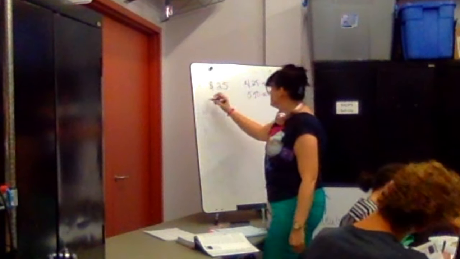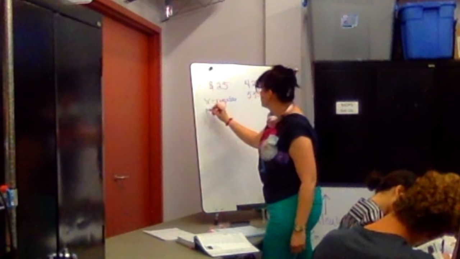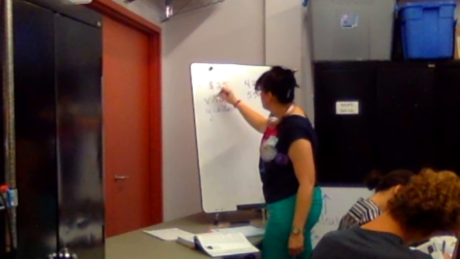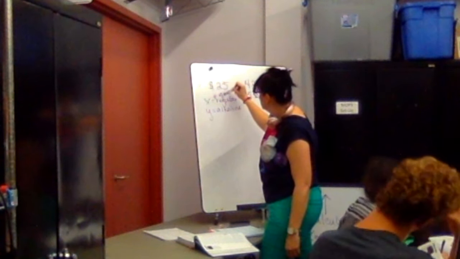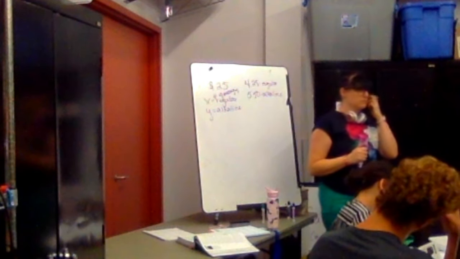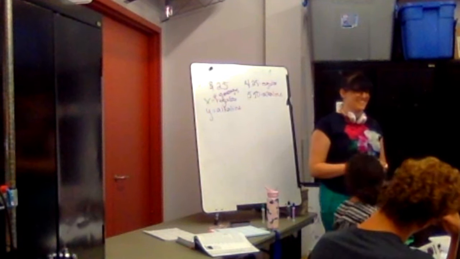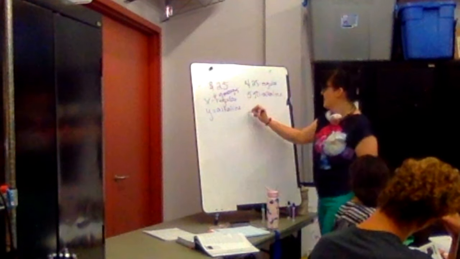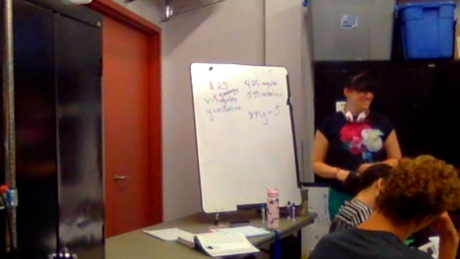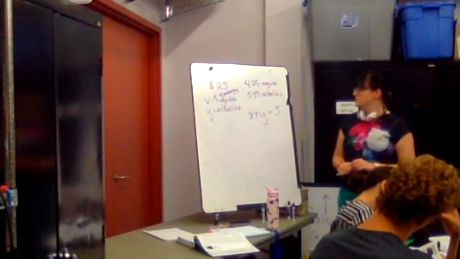Well, let's make X our regular and Y our alkaline. And this is number of packages. So what is X plus Y? How many packages are we buying? What's it say? 5. X plus Y equals 5. And how much are we going to spend on regular?